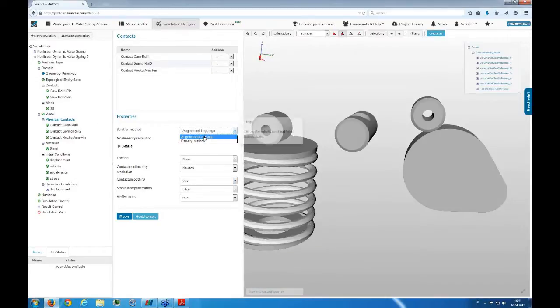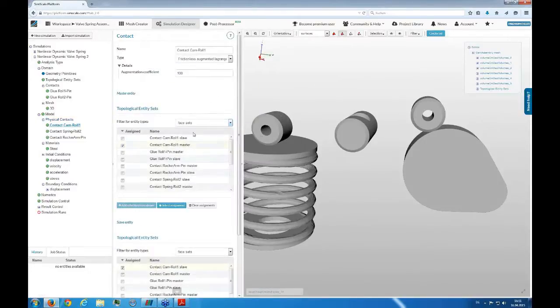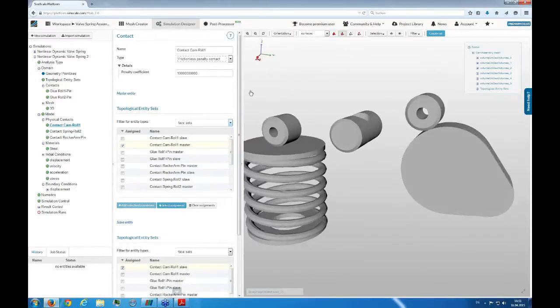I think the standard contact would be the penalty method, which, if you select one specific zone, would give you, let's have a look at the frictionless penalty, the penalty coefficient. This is the only parameter you really have to care about, and the penalty coefficient normally should be in the range of the stiffness of the materials that come into contact.